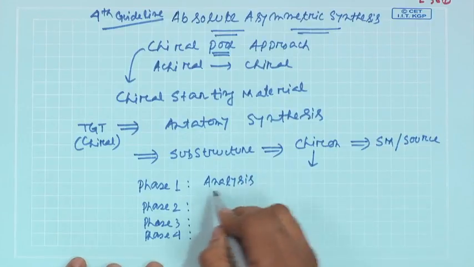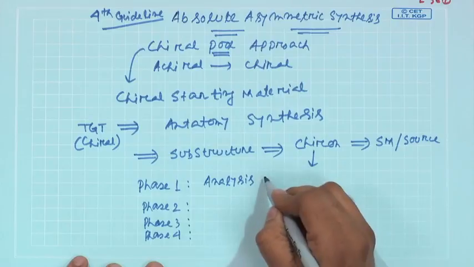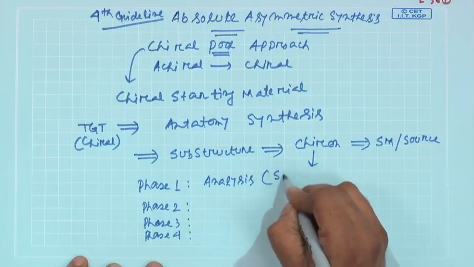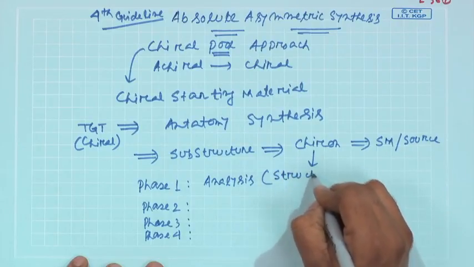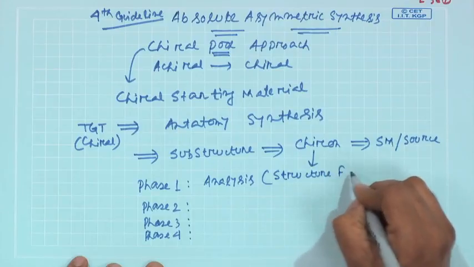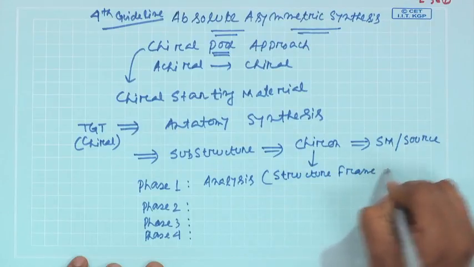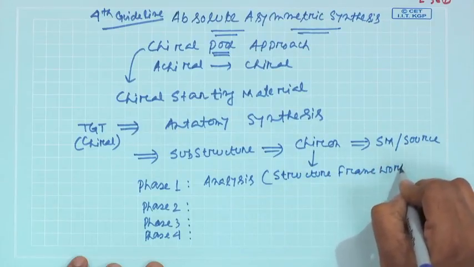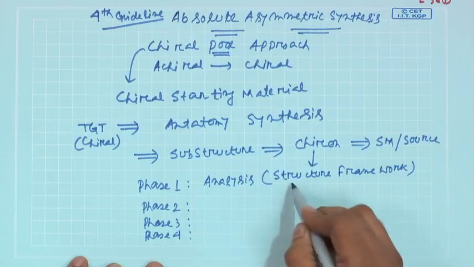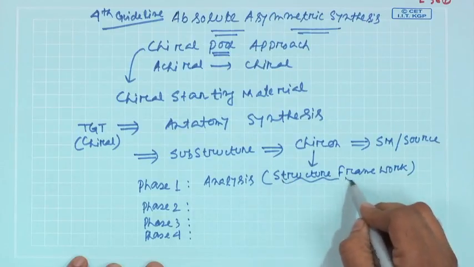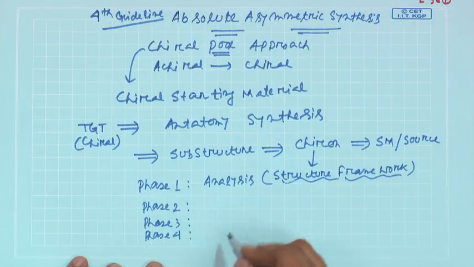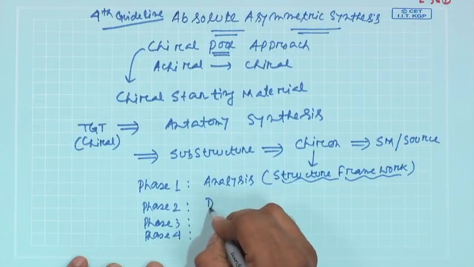This analysis means you have to think about the structural framework of the given target, and what stereocenters you need to construct. Then you do the discovery part.